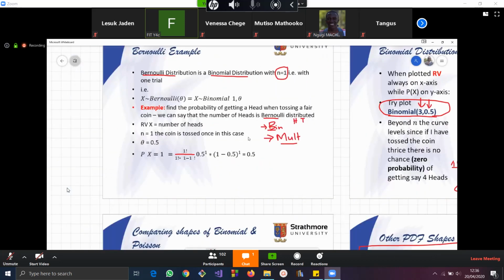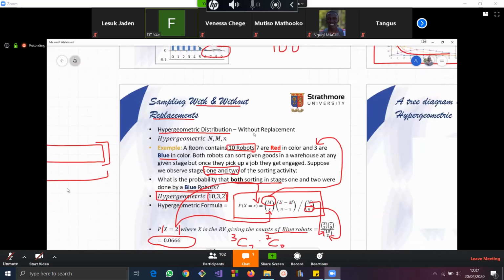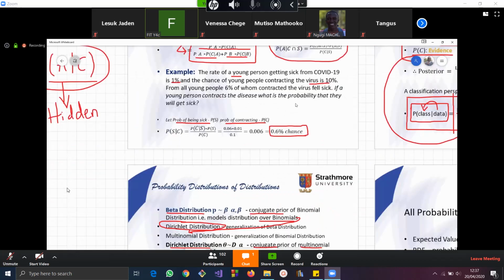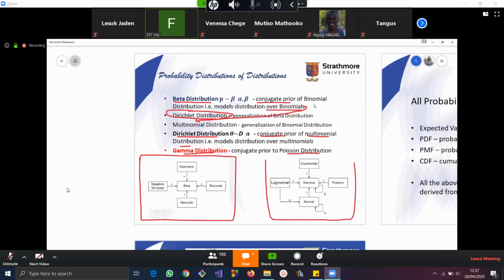So we go all the way down here. Because we have already made a statement here that the beta distribution is the conjugate prior of the binomial, we will model heads and tails using binomial, but we will model the probability of success using the beta distribution.